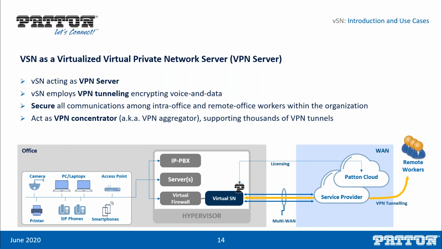And with that, you can really scale easily with a few mouse clicks. You can allow additional VPN tunnels to go onto this specific Virtual SmartNode in case there are more remote workers trying to connect to the enterprise infrastructure.